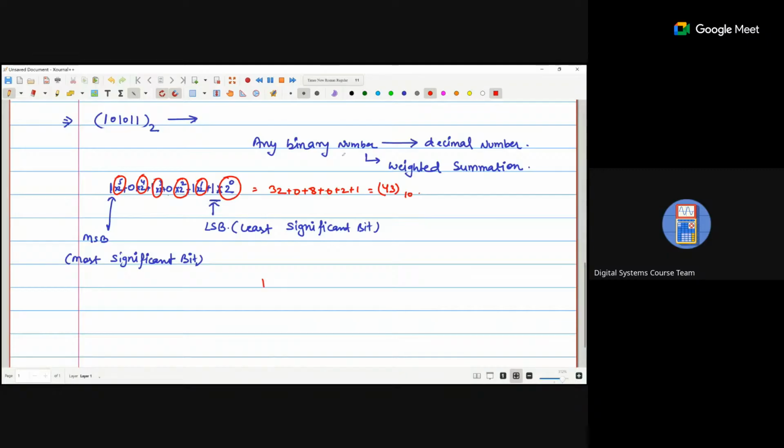Take another number, for example 11110101, an extended number.